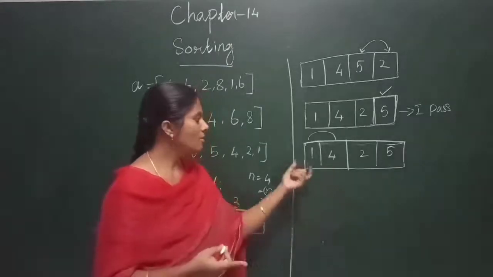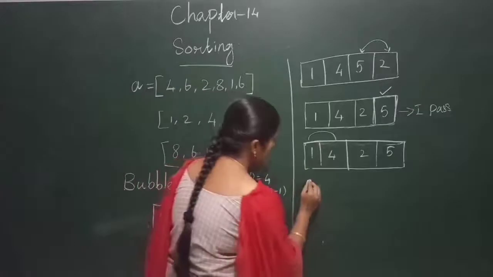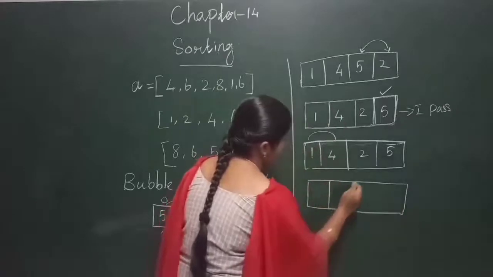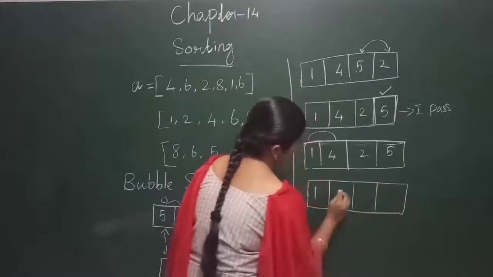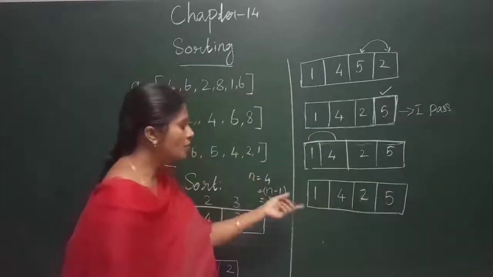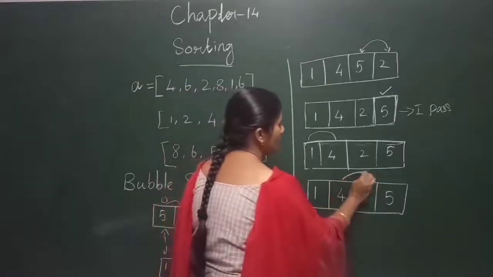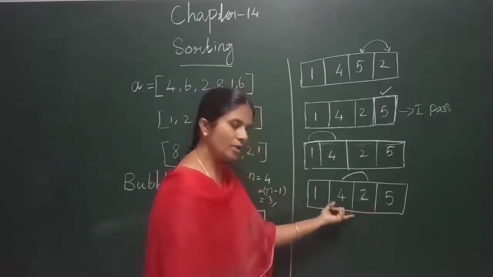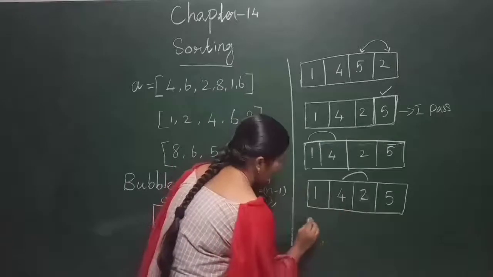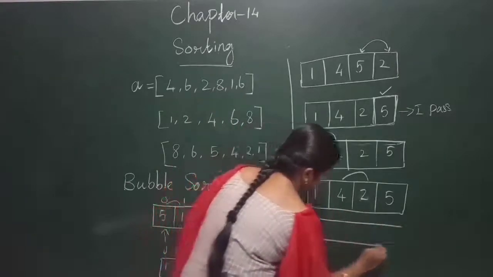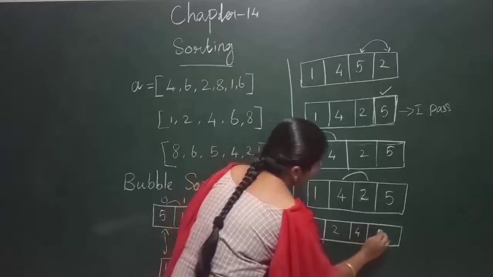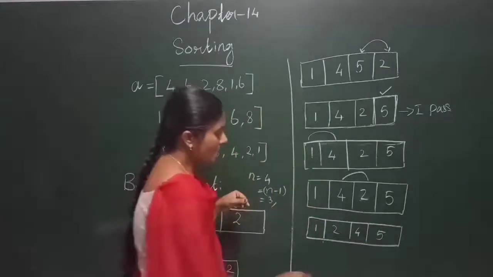So the next step, compare the next two elements, 4 and 2. Here you need swapping because 2 is smaller than 4. Now it is 1, 2, 4, and the last element is 5.